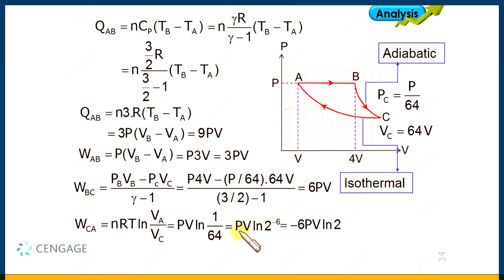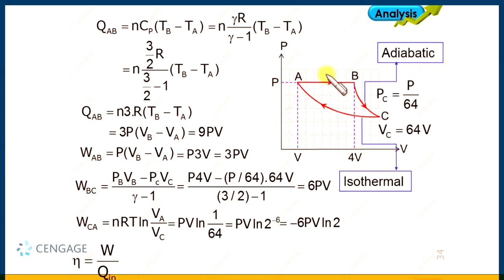Now, we have calculated the work and the value of Q where it is positive. So, we can substitute in the formula: efficiency equal to W divided by Q in, where W we will add individually, and Q in is only in the one process where it is positive, that is AB.